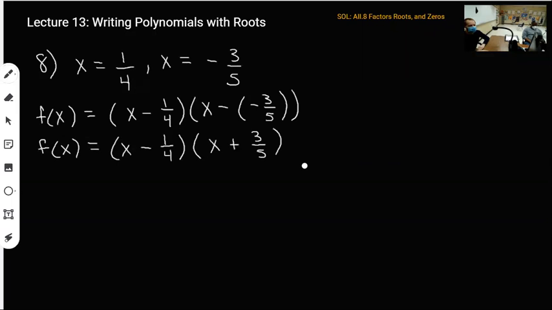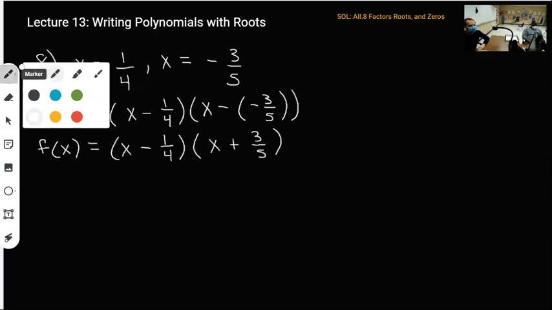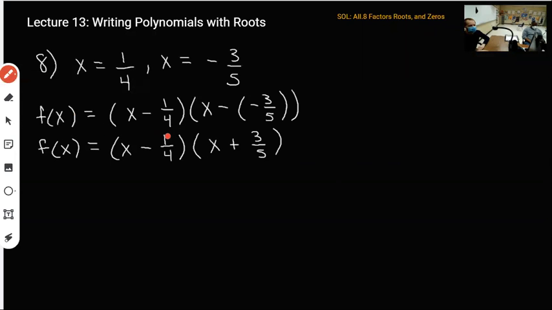Okay. And now I'm going to take the denominators and slide them in front of the x. I'm going to take the 4 and slide it in front of the x. I'm going to take the 5 and slide that in front of the x.